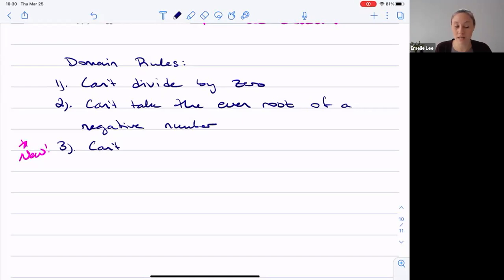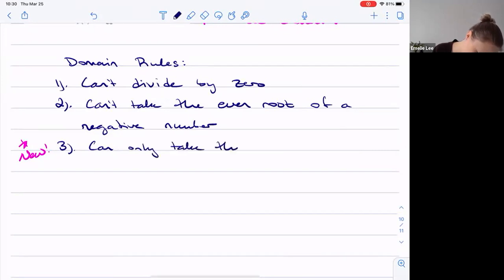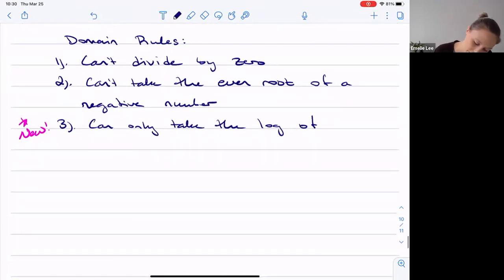Maybe it's easier if I say we can only take the log, and that's the log of any base. It doesn't matter what the base is, but we can only take the log of a positive number.